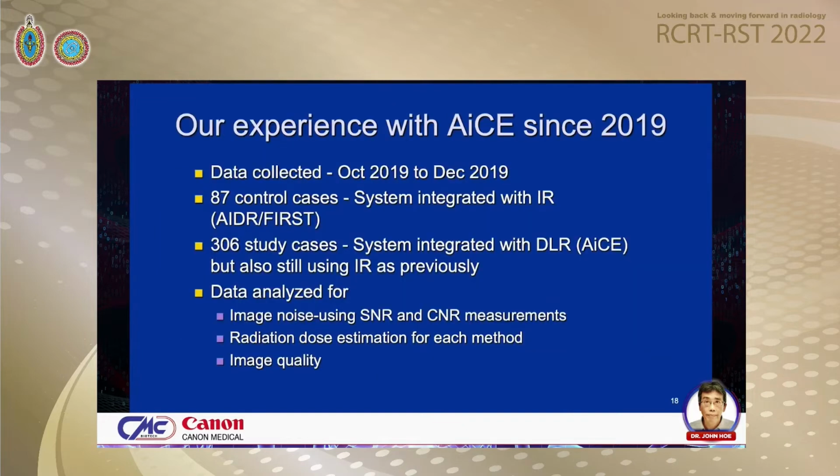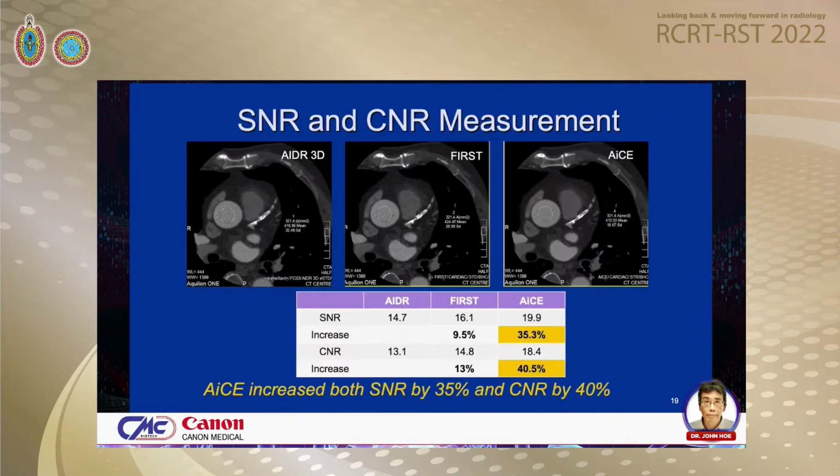We've had AICE since the end of 2019, and this is some of our results that we looked at 2 years ago when we collected the data at the end of 2019. The data was analyzed for image noise, including signal to noise ratio and contrast to noise ratio, and then we estimated the radiation dose for each method, as well as looked at the image quality.